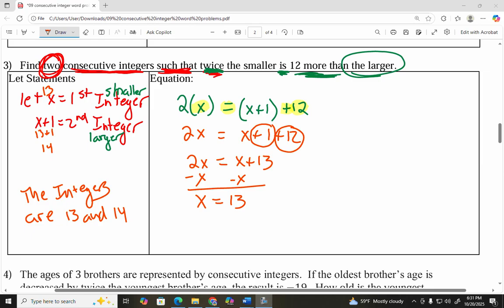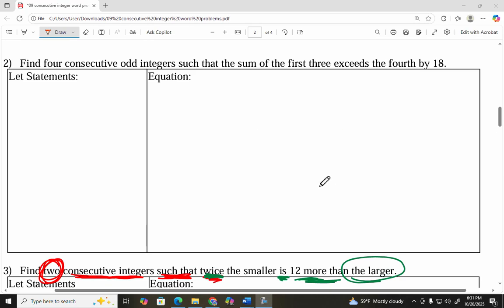The next number I wanted to do was number 2. So this one is asking for 4 consecutive odd integers. So we always start with let x equal the first odd integer. Since they're odd, they're 2 away from each other.